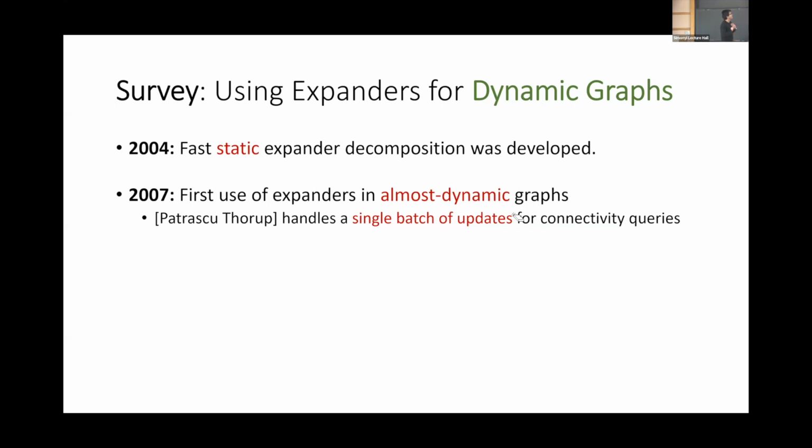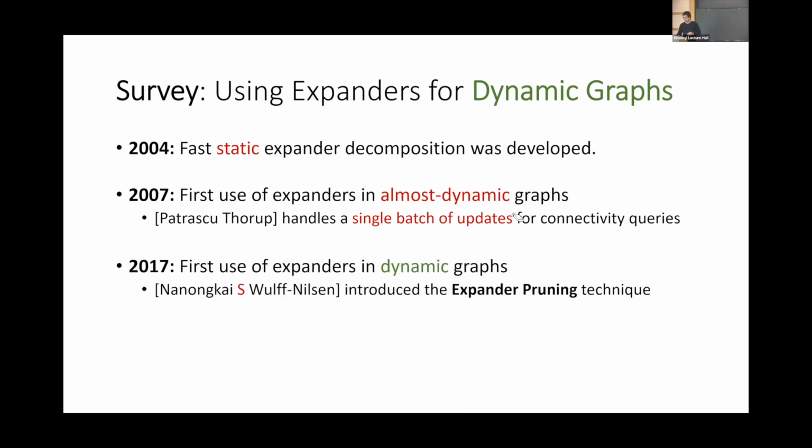They could use it for something almost dynamic, that is, they could handle just one batch of updates, not a sequence of updates. And only 10 years after that, we managed to make it work and be useful for dynamic algorithms. The key technique that makes things possible in the dynamic setting is called expander pruning, which I will define in the next part.